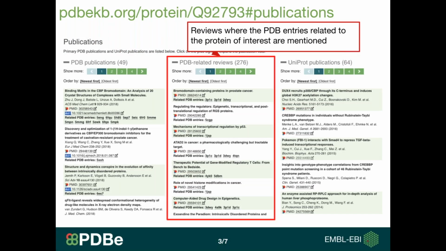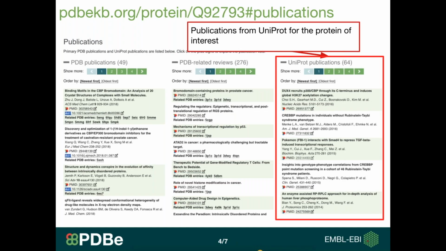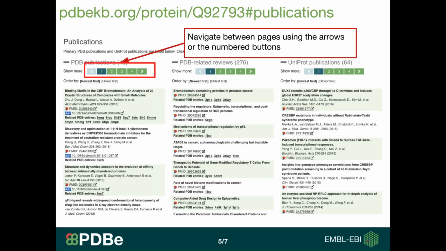Next, we have a section dedicated to reviews where the PDB entries have been mentioned. And finally, we have a section for publications from UniProt that correspond to this particular protein. You can navigate between the different pages of these sections by either using the arrows or the numbered buttons.